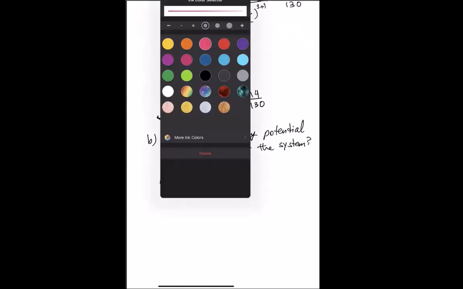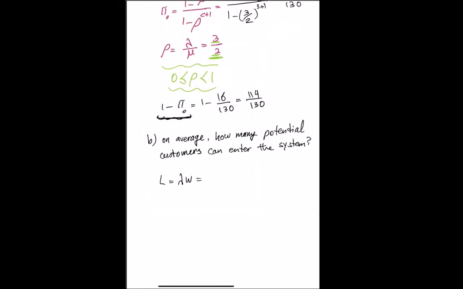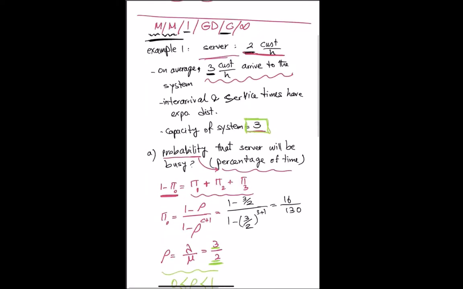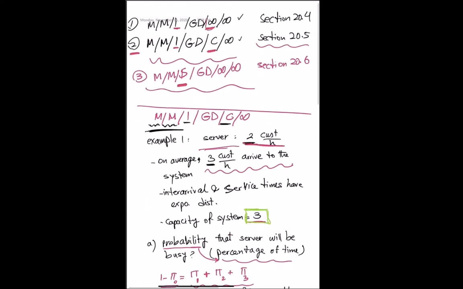However, I mentioned in the previous session that lambda is the rate of arrival to the system, and the systems that we looked at so far had no limited capacity. So the rate of arrival to the system was equal to the rate of entrance to the system. However, when the system has limited capacity, the rate of arrival is not equal to the rate of entrance.